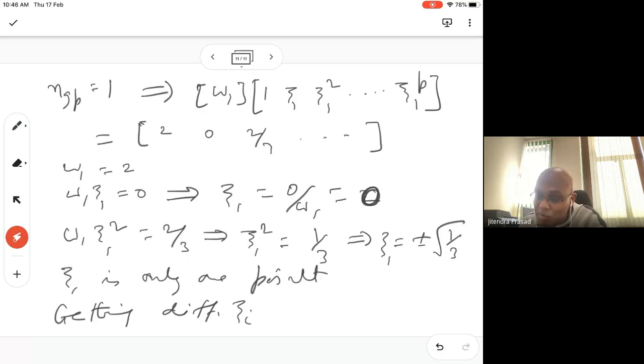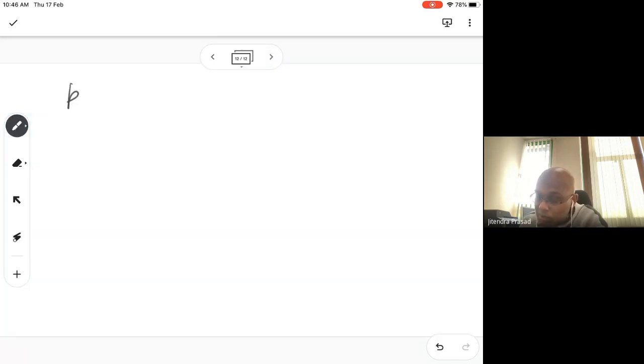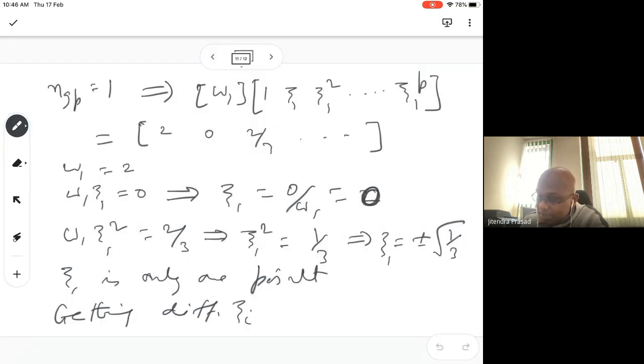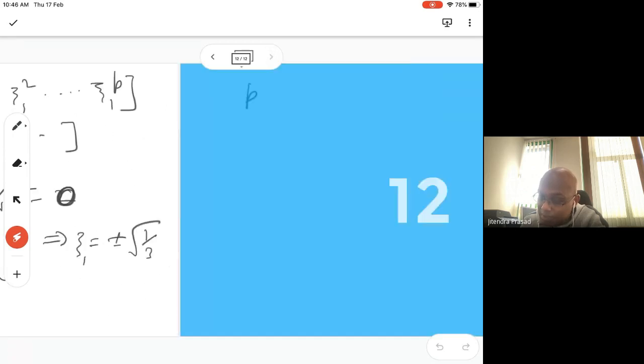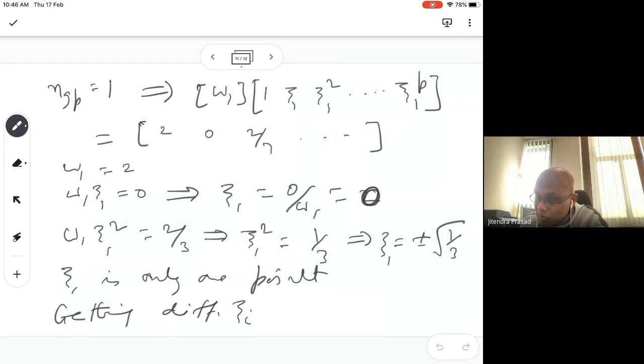That really means if you had P equal to 1, then what happens? Then you get the exact solution, right? So you get everything.